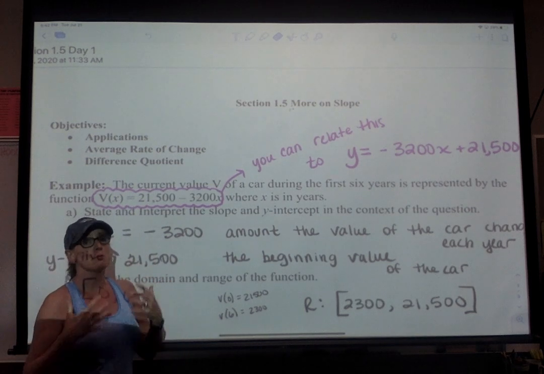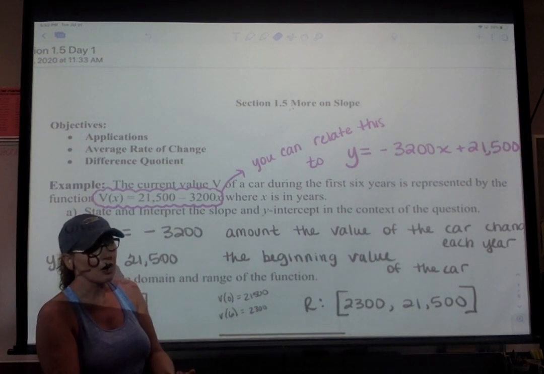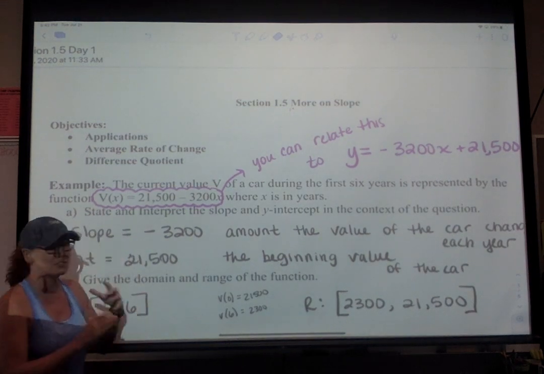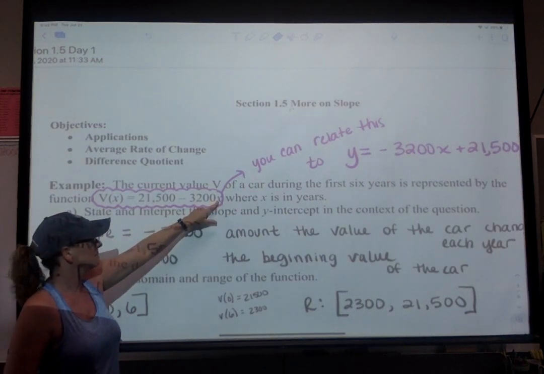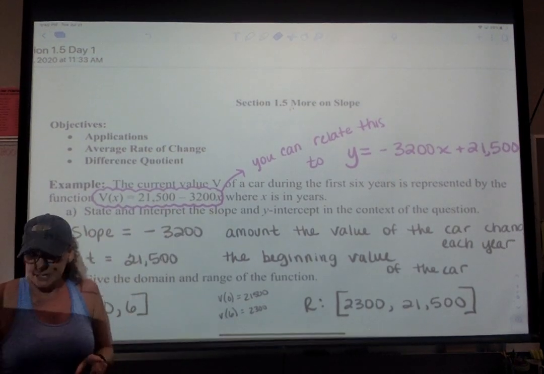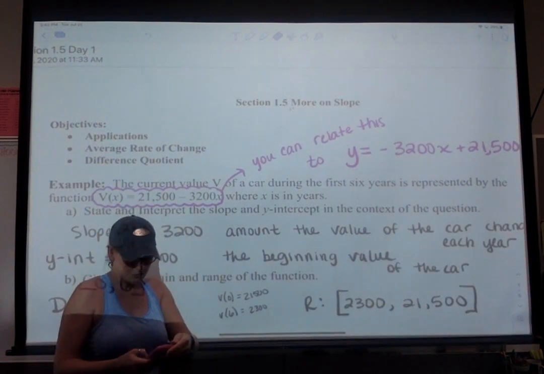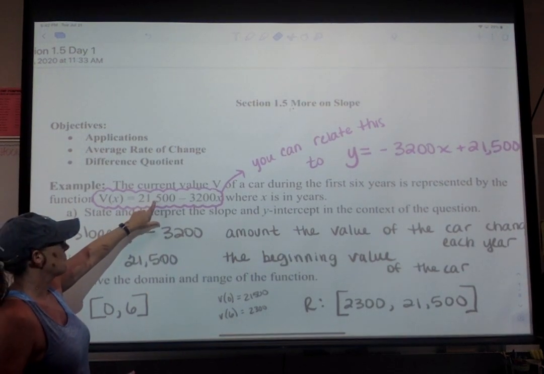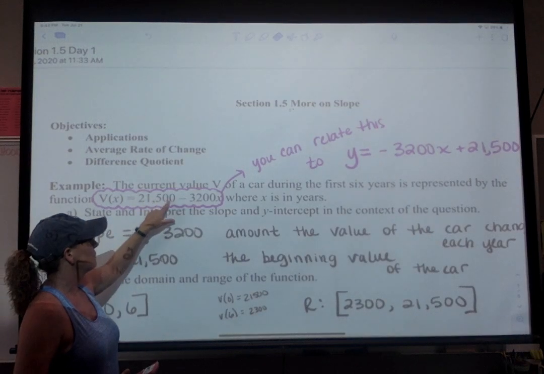I think the first number that I'm allowed to plug in would be 0. So my domain is going to start at 0. I'm allowed to plug in 0 for x, and when I plug in 0 for x, I know you know what I'll get for y, because this is the y-intercept. So I get 21,500.